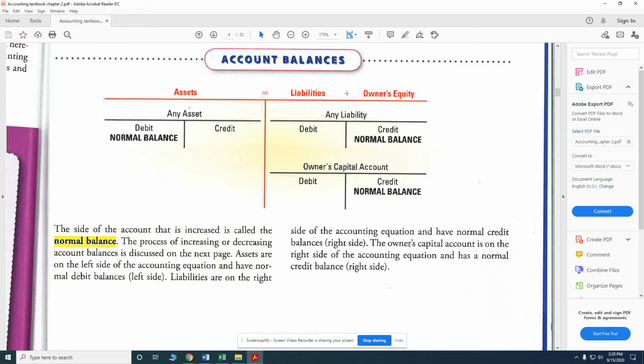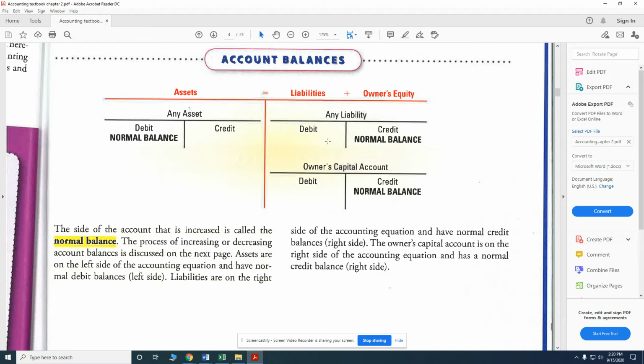So now as we are analyzing, we always have to be in balance. And whenever there's a debit, there has to be a credit. So if there's a plus on the left for the debit, there's going to be plus on the right for the credit. If there's a minus on the left of the asset, that's a credit.